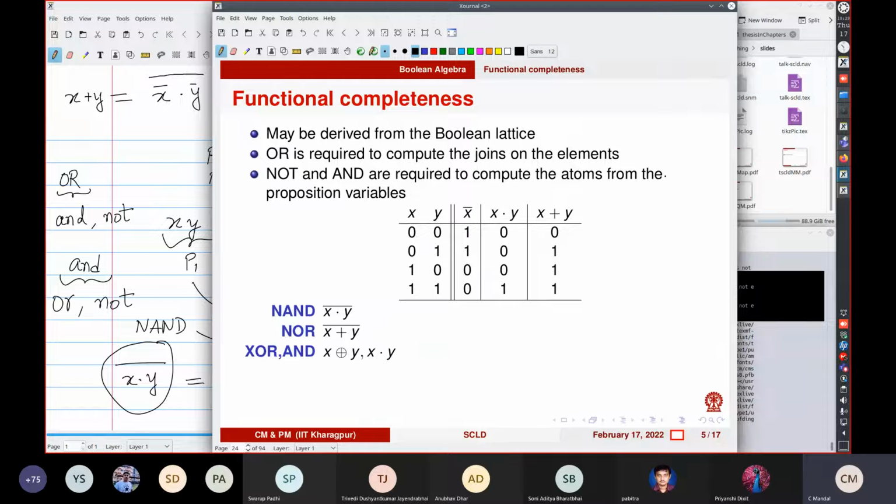But if your set is not functionally complete, it is not so easy to show that something is lacking, because you can always say that there may be some way to combine those functions to make them functionally complete. So that argument is a lot more difficult.